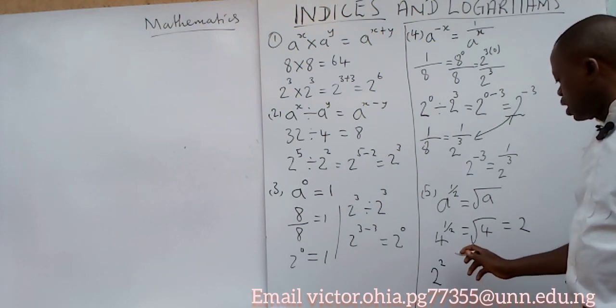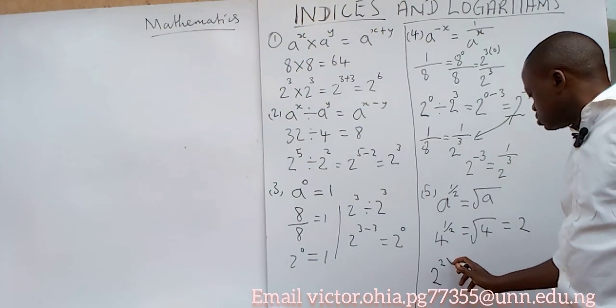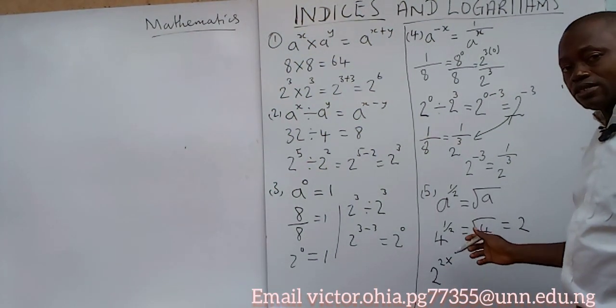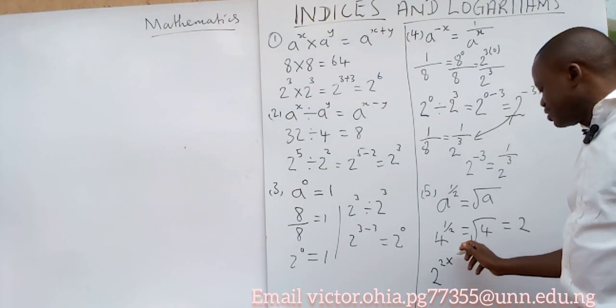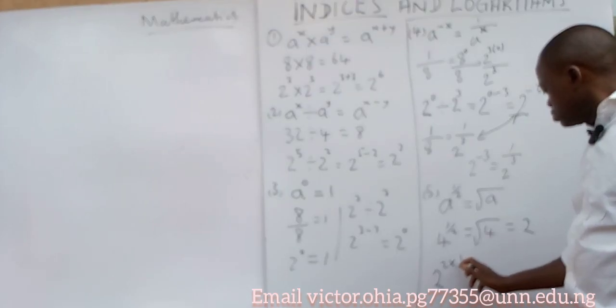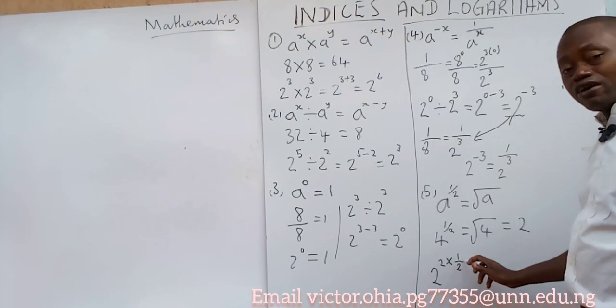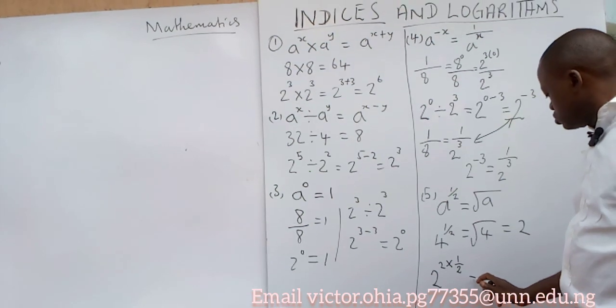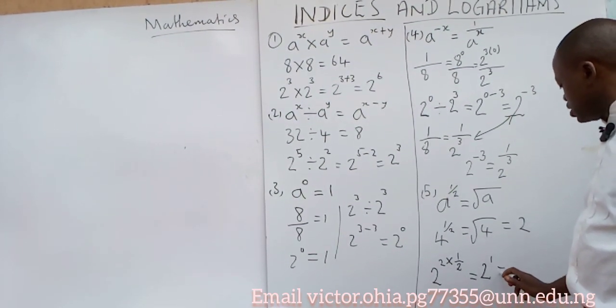Yes. And there is an existing power there, which is half. By the product power law, which I am coming to show you, it is going to multiply the existing power, which is 1 over 2. So, 2 times half is 1. So, do we have 2 raised to power 1? Yes.